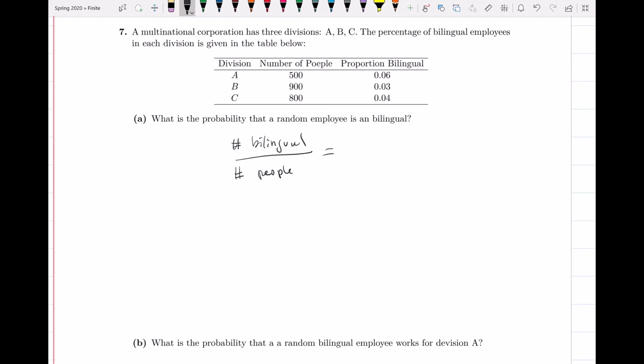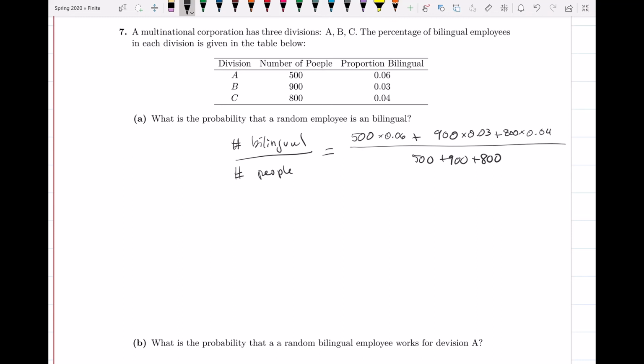So that just equals the number of bilingual employees from division A, so 500 times 0.06, not 6, plus the number of bilingual from division B, so 900 times 0.03, plus 800 times 0.04. All right, we divide by the total, so 500 plus 900 plus 800. You know how I struggle with arithmetic.